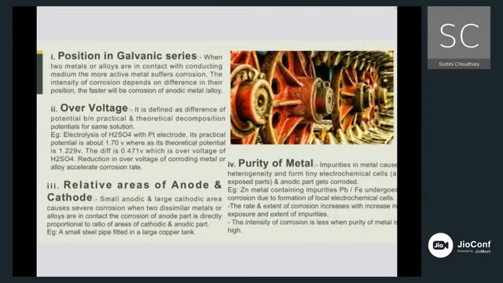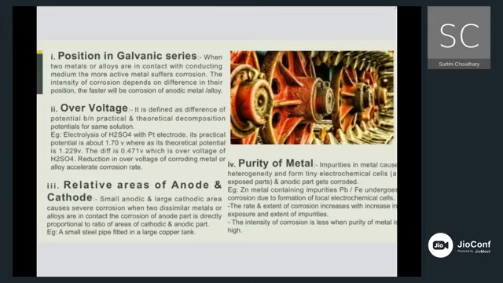When two metals or alloys are in contact in a conducting medium, the more active metal suffers corrosion. See students, there is a galvanic series in which the metals are placed according to their reactivity. Certain metals are more reactive as compared to other metals, and some are less reactive or have no reactivity at all.